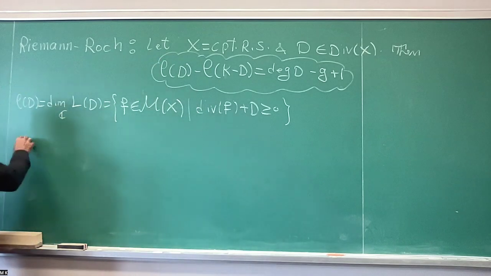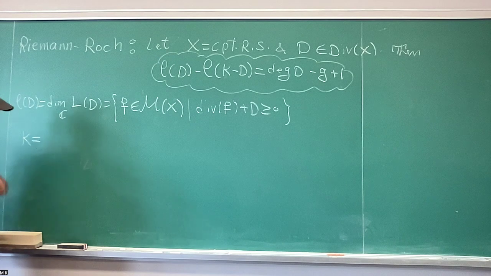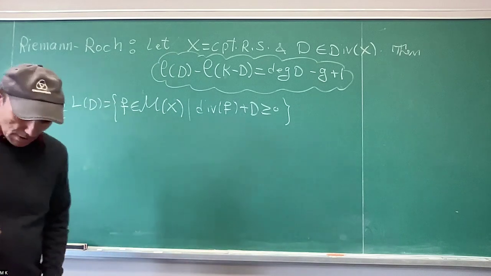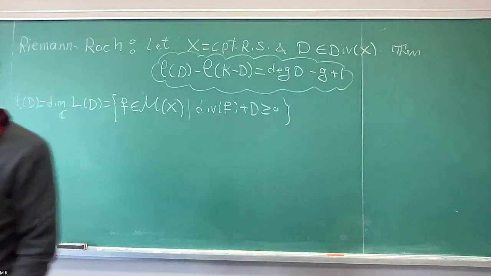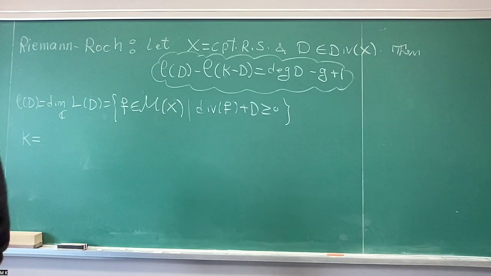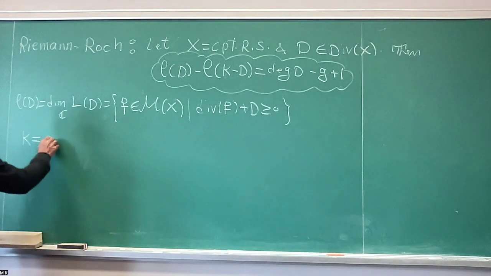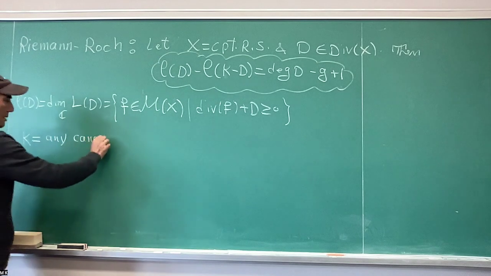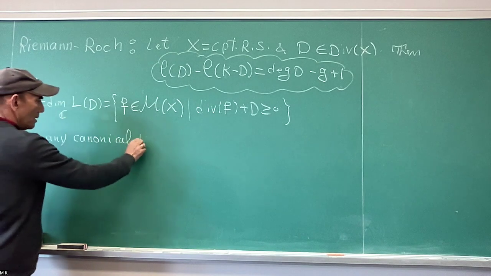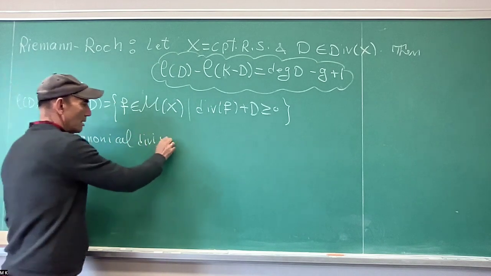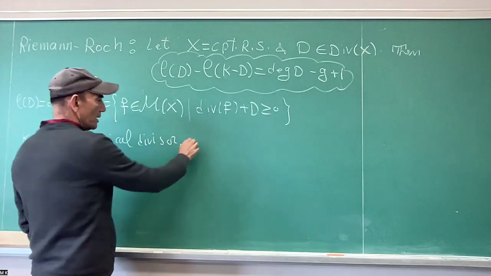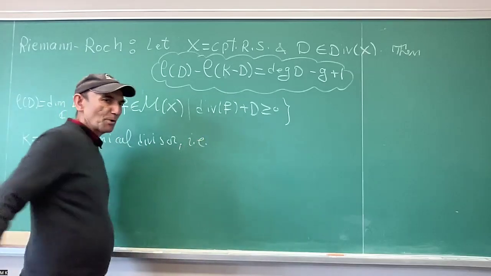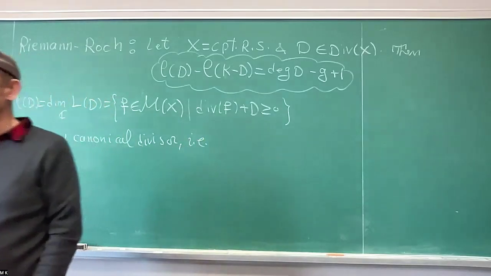Now, what is K? K is a, what did we call it? Canonical divisor, any canonical divisor. So do you remember what is a canonical divisor?